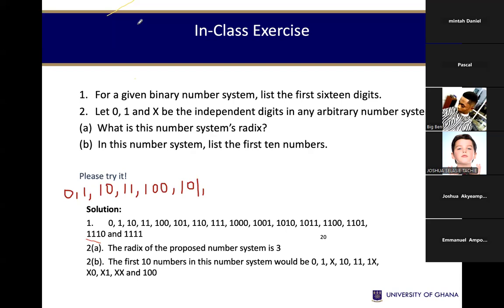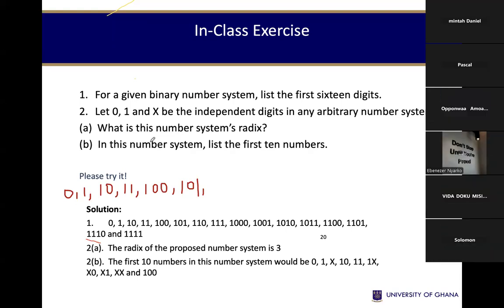Hello, sir. Yeah, so please, number 2. I don't understand number 2. Yeah, if you can go over it. Good. So for number 2, all we are saying is very simple. You have been given some number system, you don't know what the number system is, because the x is a dummy value.